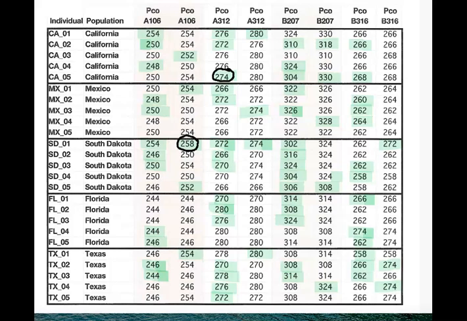What about 266? Nope, that's more than once. 272, that's more than once. What about 270? 270 is more than once. 280. Do I see any other 280s? I don't see another 280 in this column. Okay, 276, I think we already said.